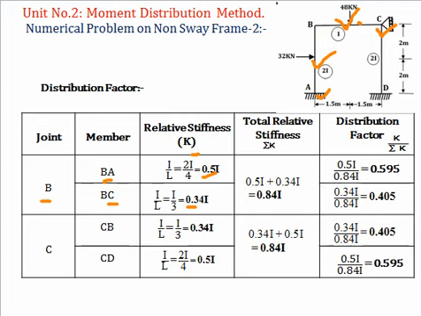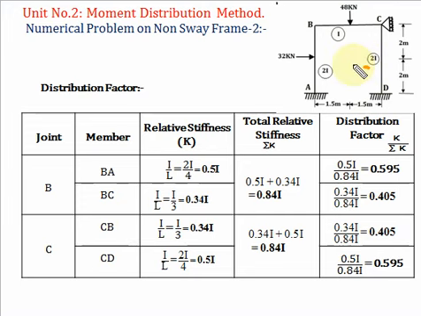Now consider the next internal joint C, and the members connected to C are CB and CD. So for CB the moment of inertia is I, and for CD the moment of inertia is 2I.